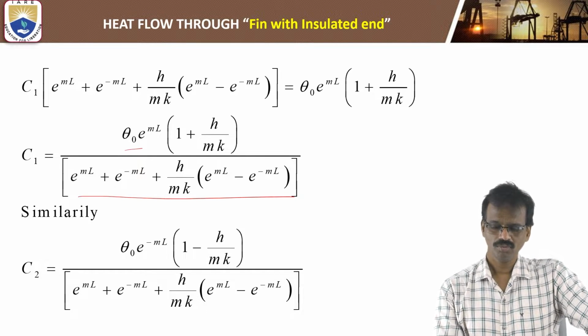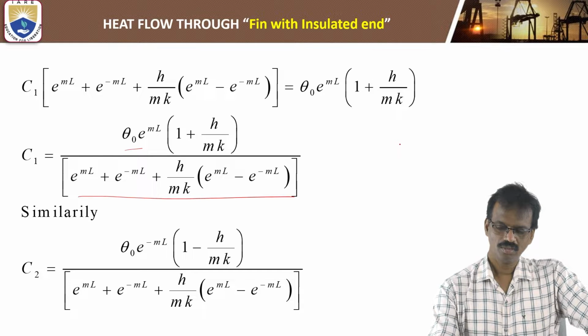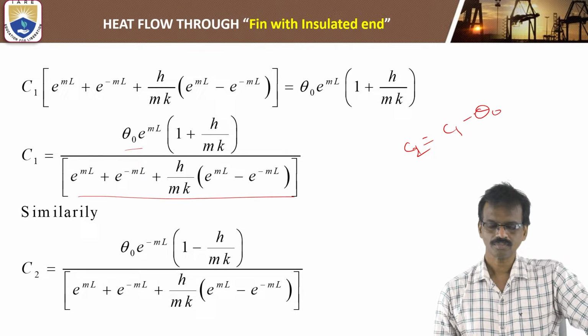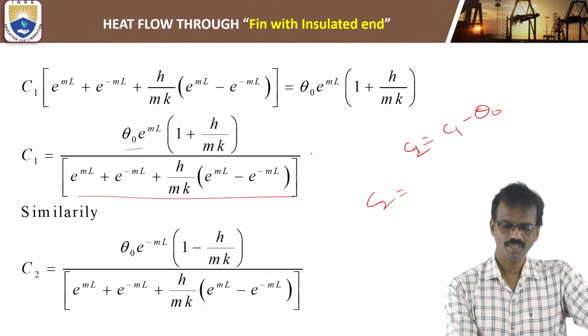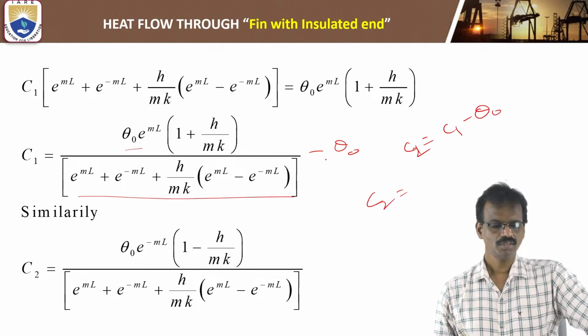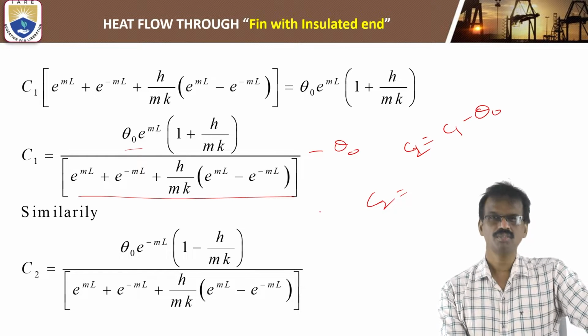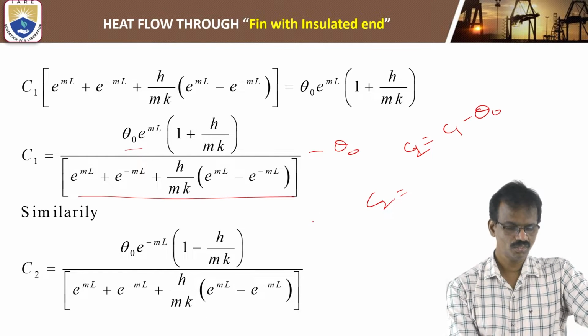So you know that C2 is equal to C1 minus theta naught. Once you have the value of C1, then you can find the value of C2 also. If you substitute the C1 value, what is the C1 value? This total term minus theta naught. If you solve this one, automatically you will get the C2 value.